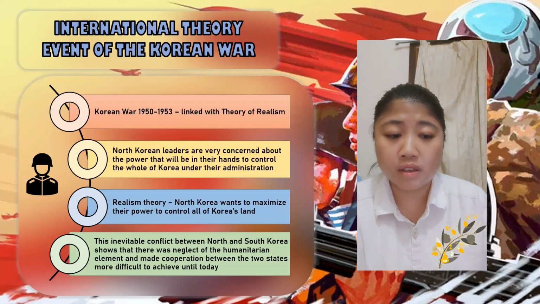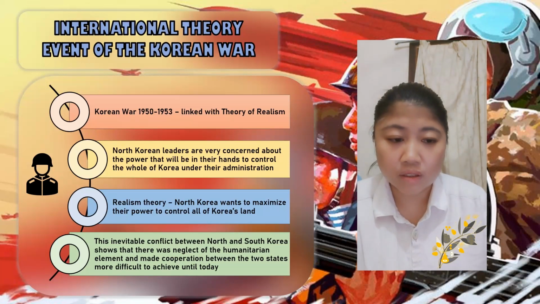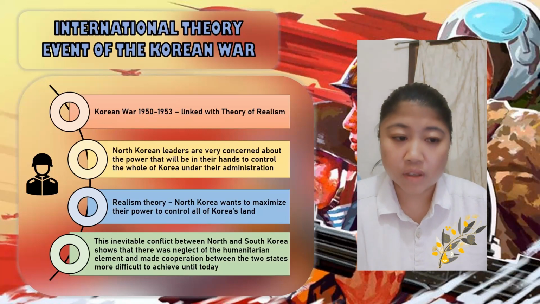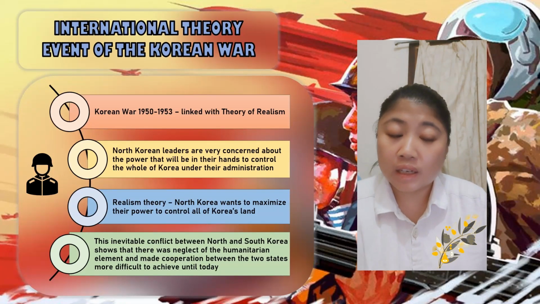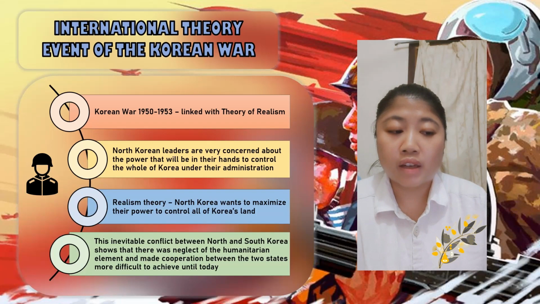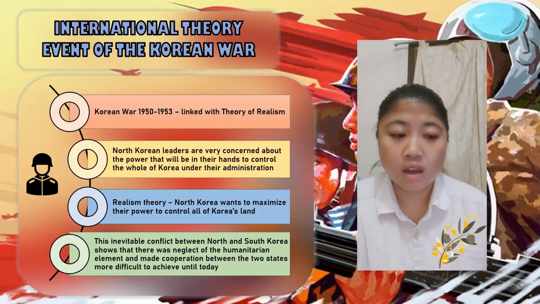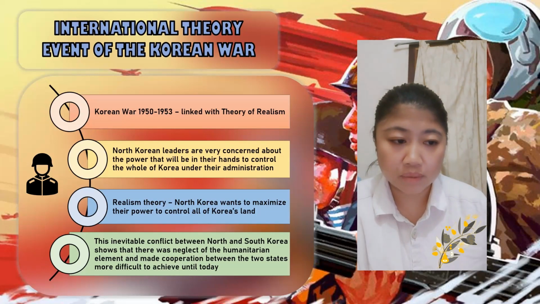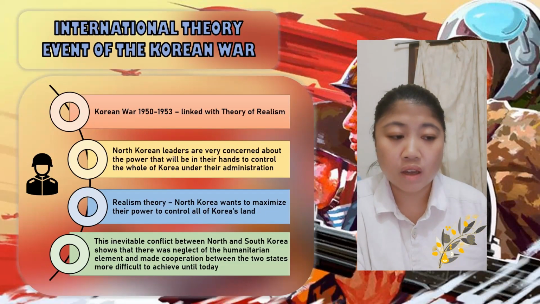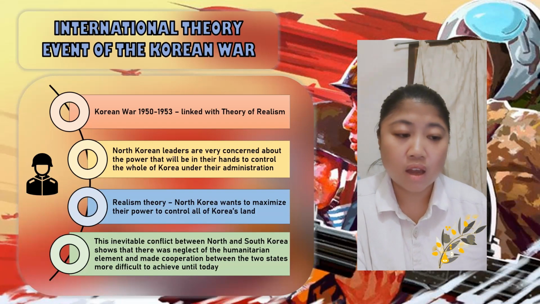This theory of realism, demonstrated in the Korean War, made it clear that they had to act by maximizing their own self-interest even when they needed to use force to gain power. In realism theory, it is also mentioned that every state tries to maximize their power and minimize others'.